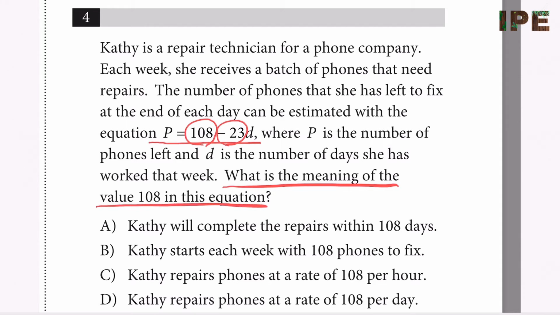I told you the y-intercept is the initial value of P. P is the number of phones left. So that is the initial number of phones. Kathy starts each week with 108 phones to fix. Start means initial, right? So B is the answer.